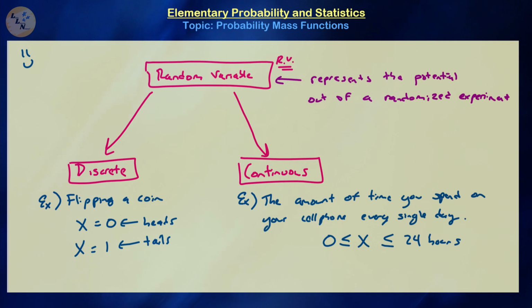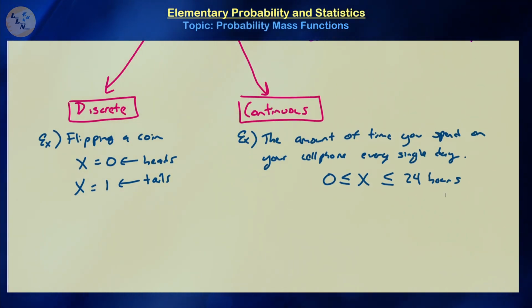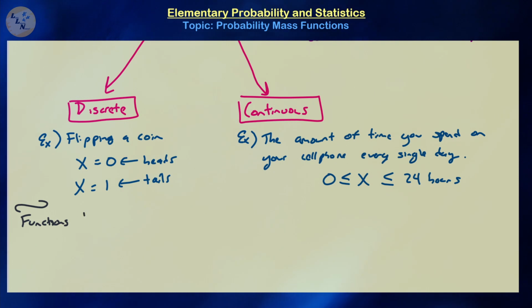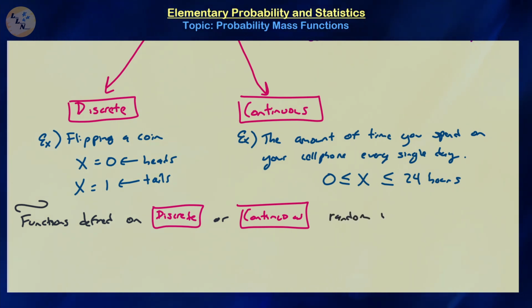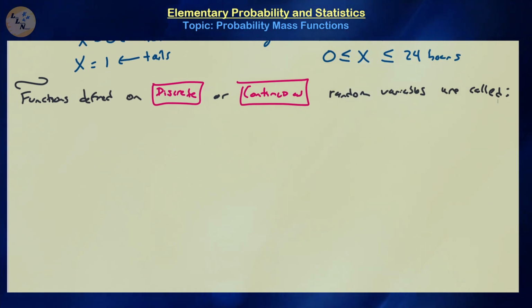So now that we have variables, now we need to talk about functions defined on these random variables. So functions defined on discrete or continuous random variables are called, so we have one different name for each of them.